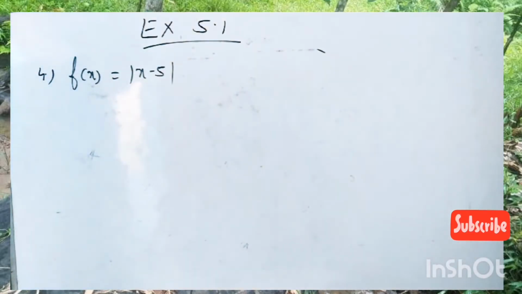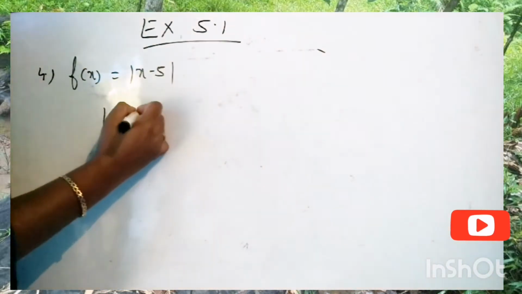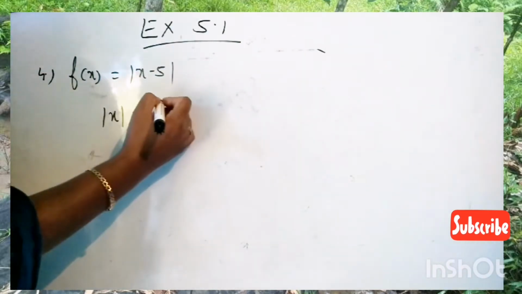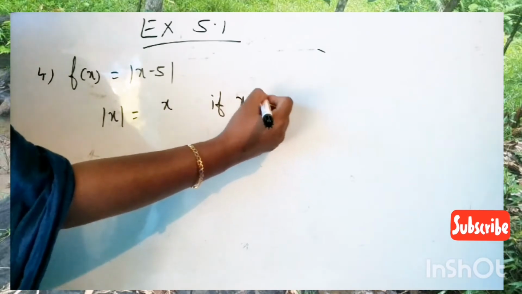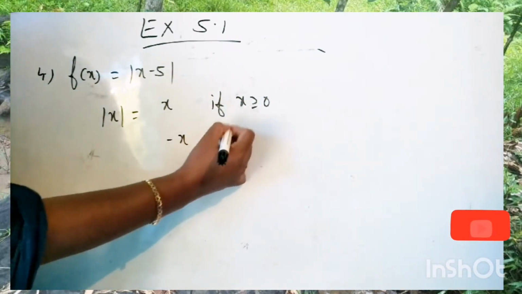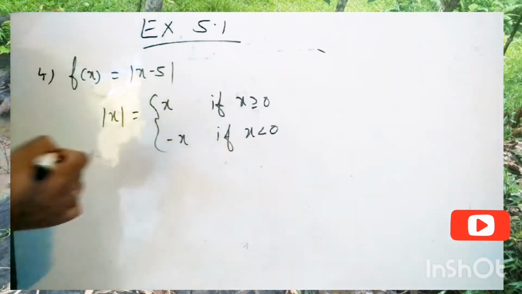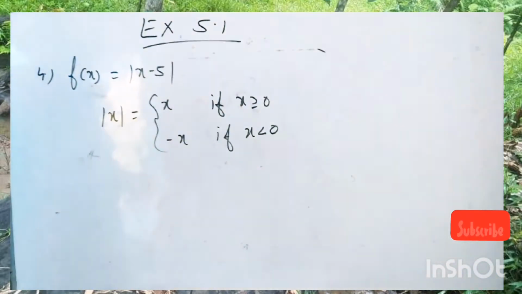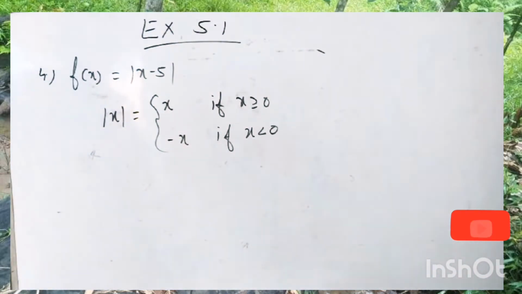And we know that this modulus function mod x, we can write it as x if x is greater than or equal to 0, minus x if x is less than 0.